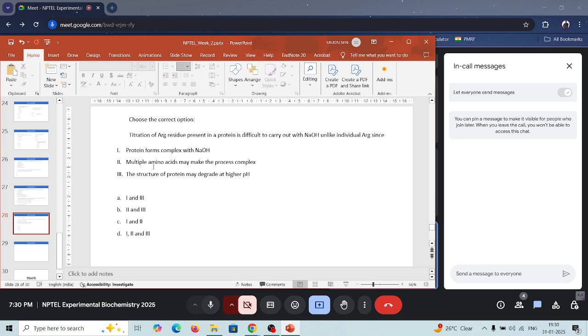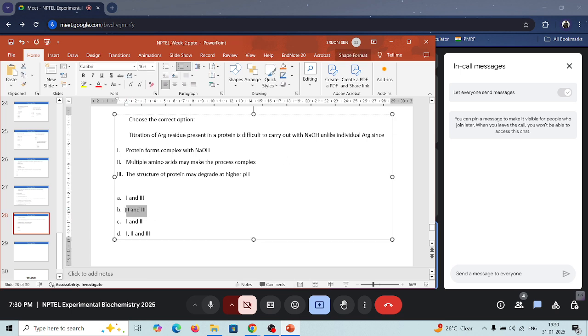Therefore it leads to the loss of structure and function, and also the data that we get is not very good. So the multiple amino acids may make the process complex, and the structure of the protein might degrade due to the higher pH. So 2 and 3 are the correct options over here.